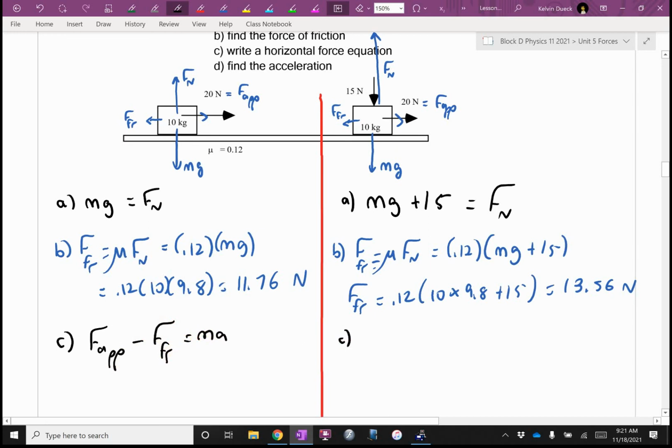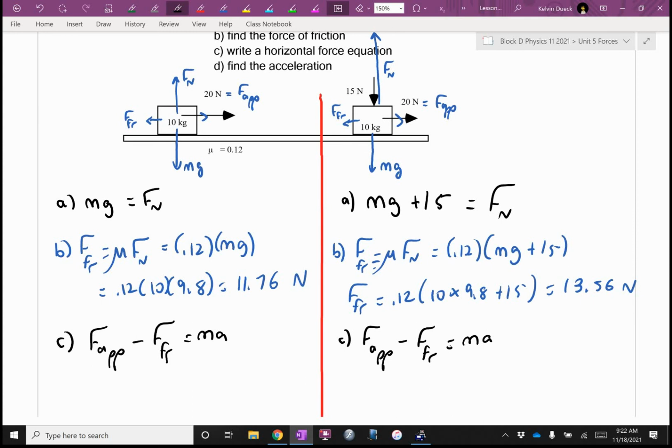Who's winning? Who's losing? Equals? Oh, same equation? Really? Wow. Does that mean we're going to get the same answer for both of these? No, why? Because friction, we've mucked around with friction. Okay, but it's the same tug of war. The applied force and friction are battling it out.